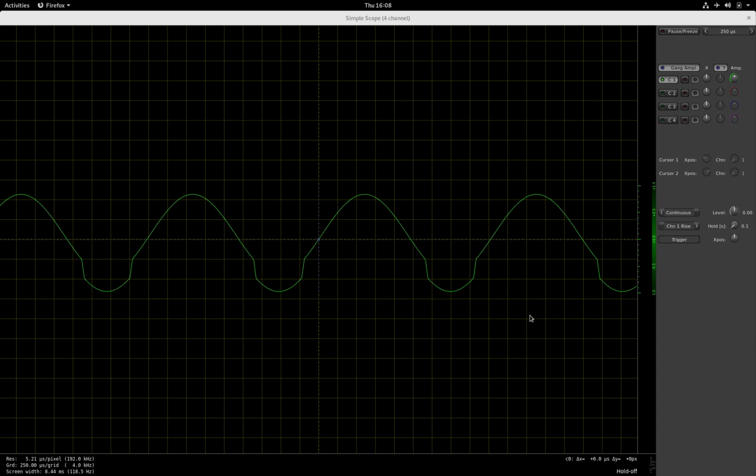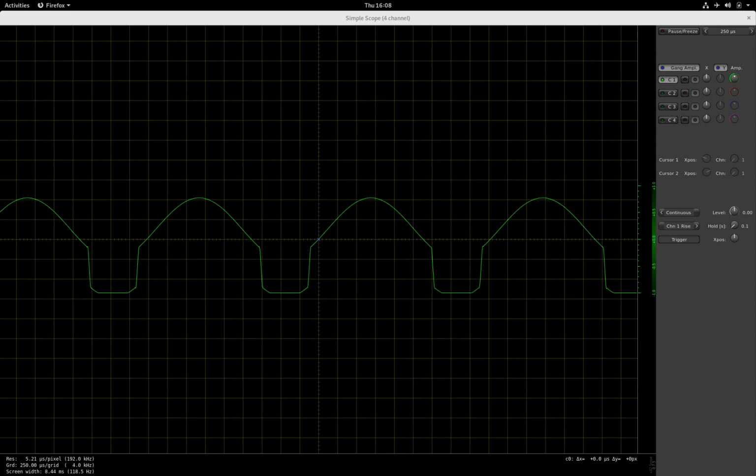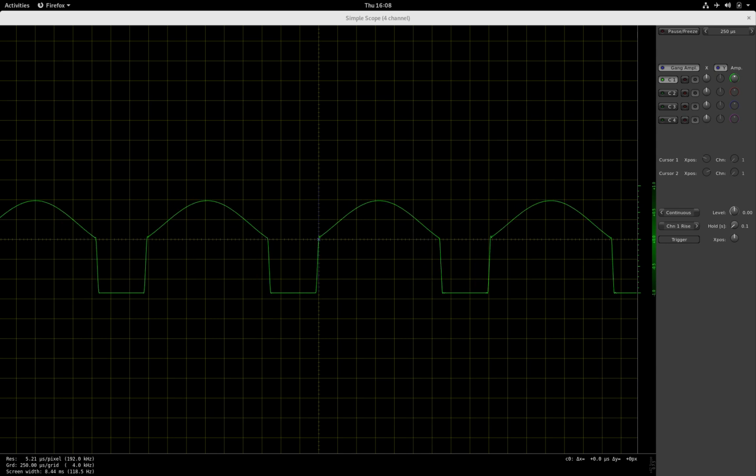And well, if I now increase the fuzz value again, of course the signal will get squashed to the positive and negative supply voltage again.